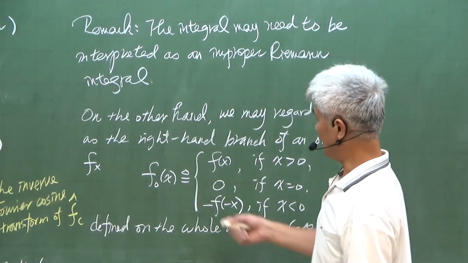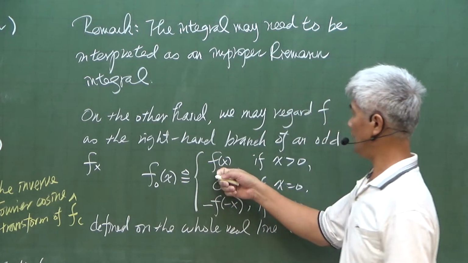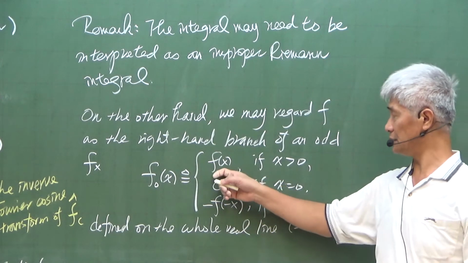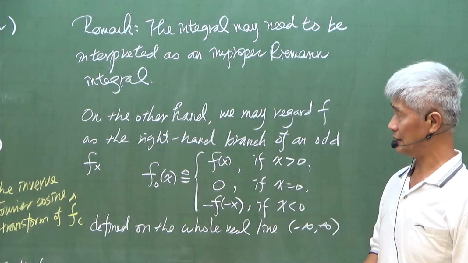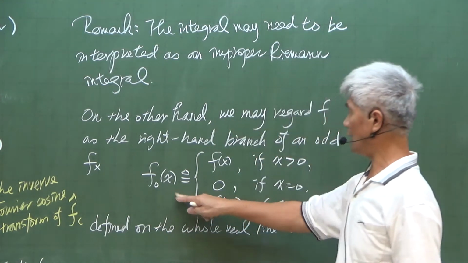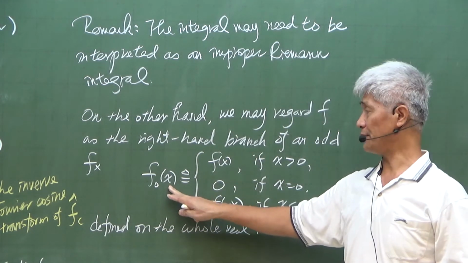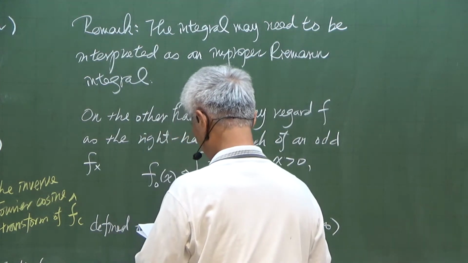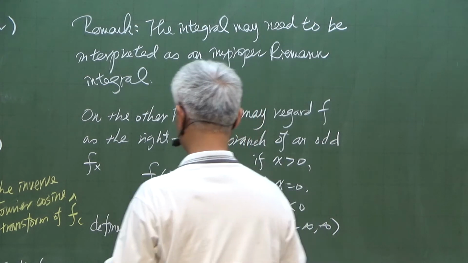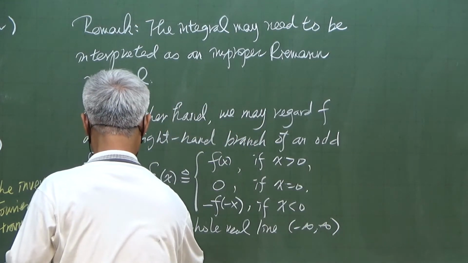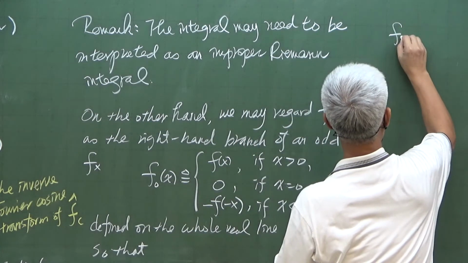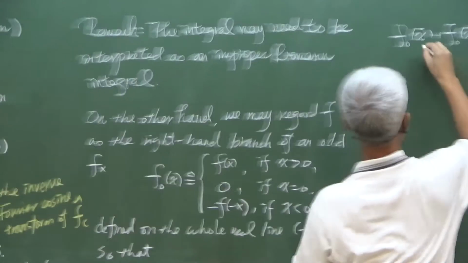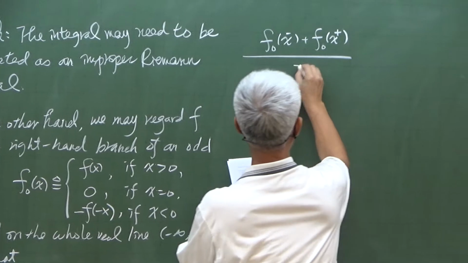Now, because we consider f of x to be absolutely integrable over the semi-infinite interval, if we extend it to an odd function, this odd function is still absolutely integrable. So we can apply the Fourier integral theorem.